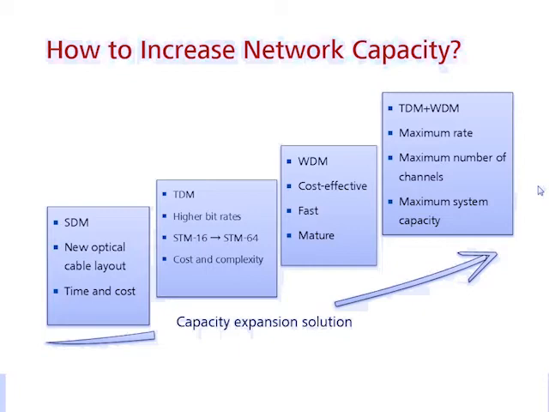So we found the next solution, that is TDM, time division multiplexing. We used it for a lot of years, a long time. Which technology uses this solution? That is SDH. The SDH transmission network used TDM. We use higher bit rate boards to replace the lower bit rate hardware.